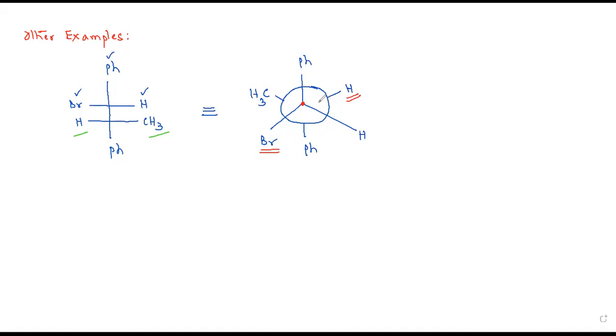At the second carbon or the rear carbon, so we have hydrogen and bromine, anti-periplanar to each other. This is very important. At an angle of 180 degrees. Now you just remove them.